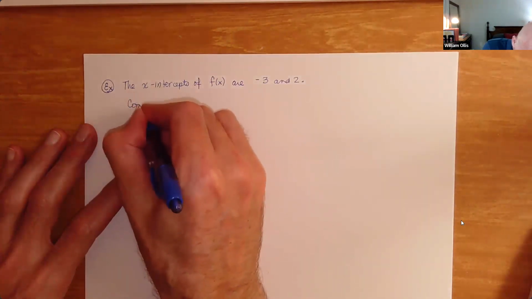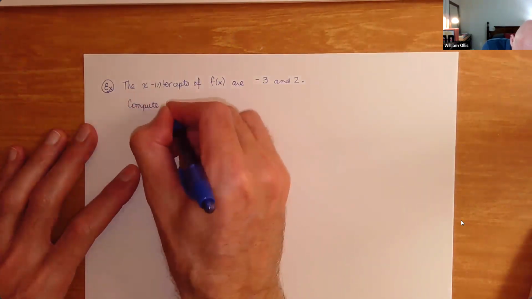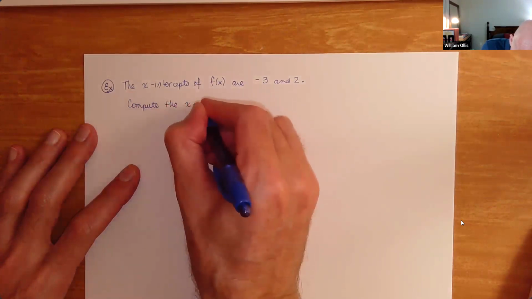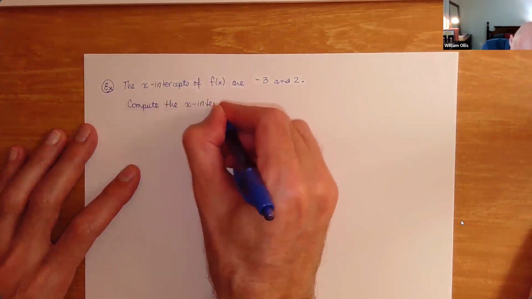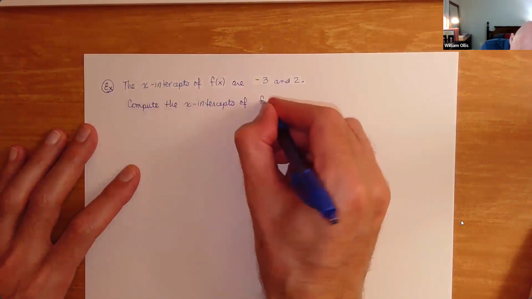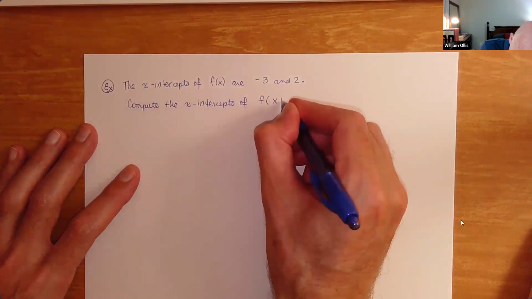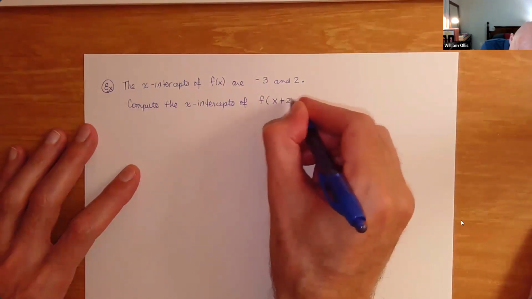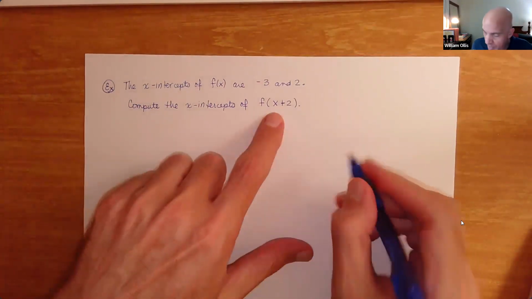Compute the x-intercepts of, let's just say, f of x plus 2. Okay, so now what does this mean?